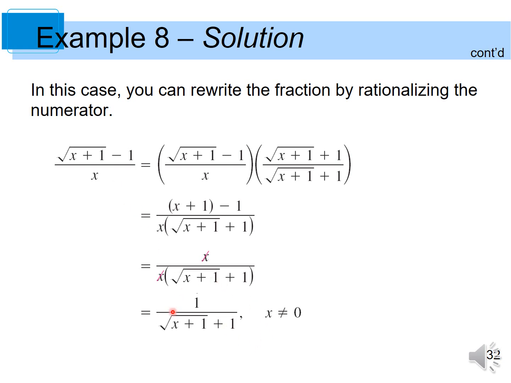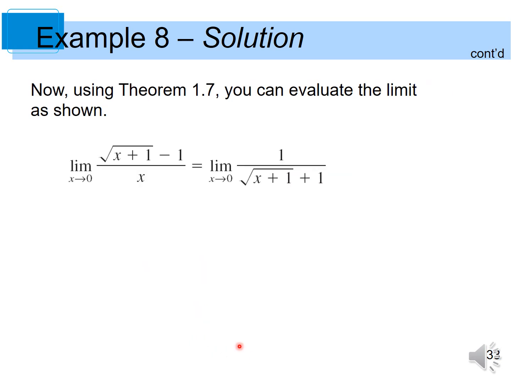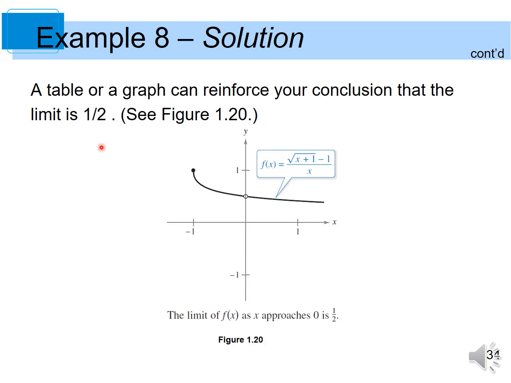So this is a new function, meaning that we can substitute x equal to 0 into the new function. So we have a half. A table or a graph can reinforce your conclusion that the limit is a half.